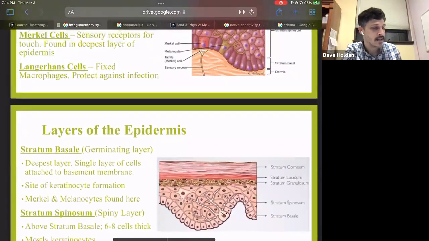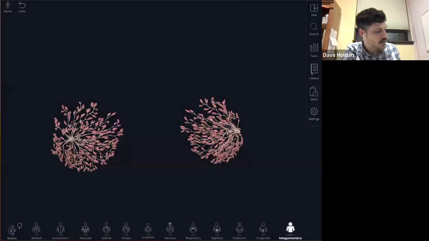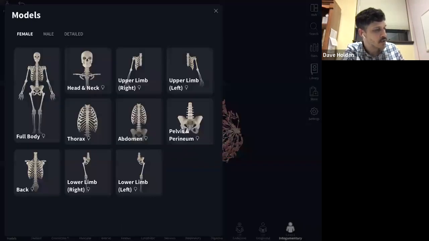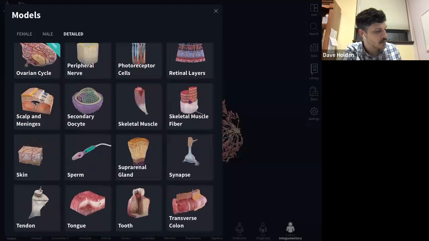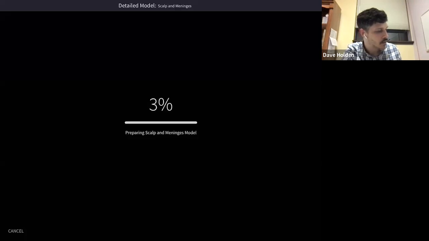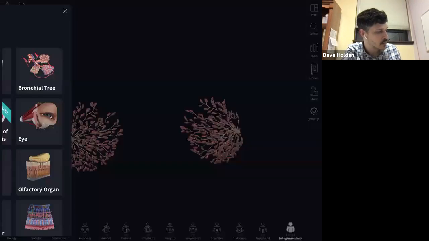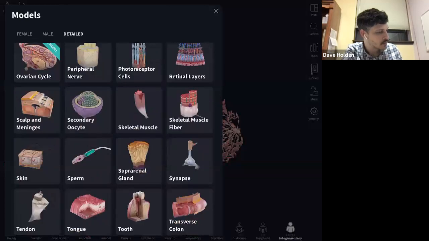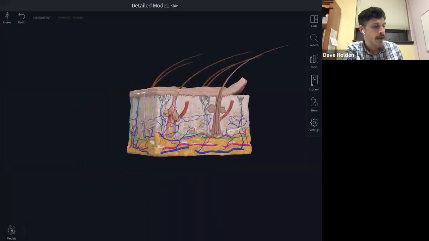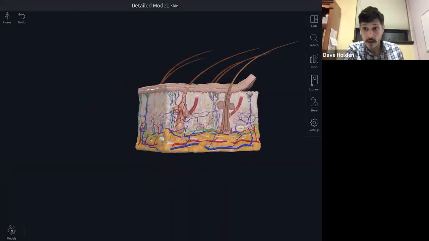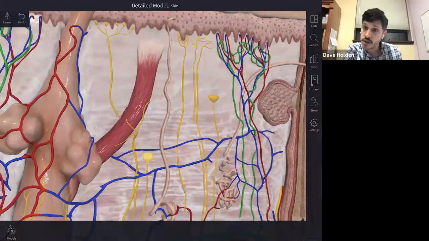All right, if that didn't spark any questions, I will say, make sure that you know, nope, wrong one. All right, I would say for certain, make sure you know the layers of the skin: dermis, hypodermis, epidermis. Make sure you know what structures are located within the dermis and what they do. So what is a sebaceous gland?